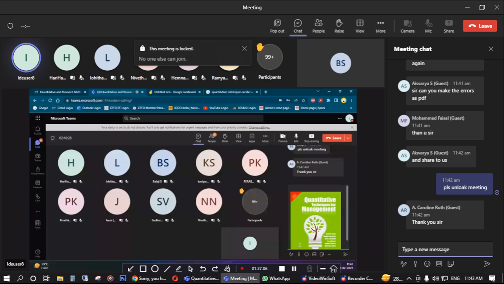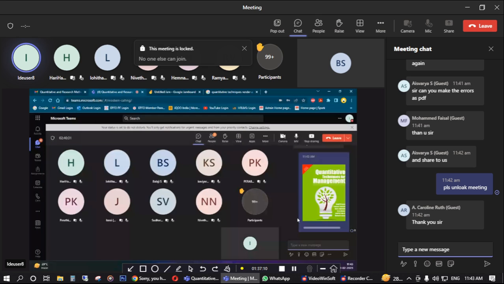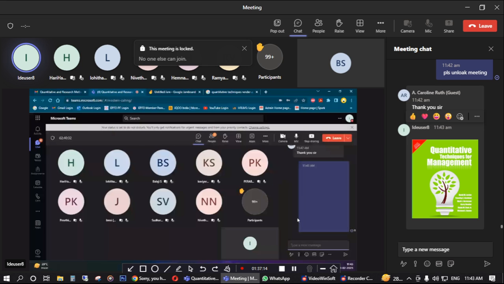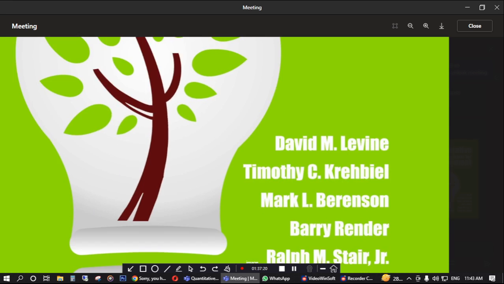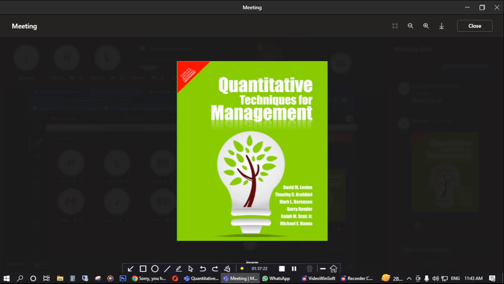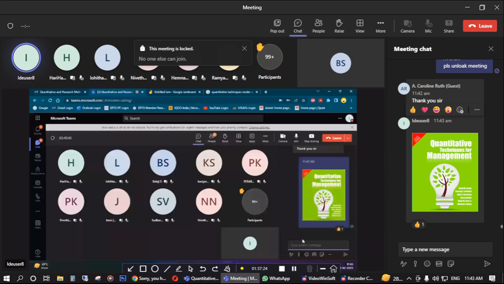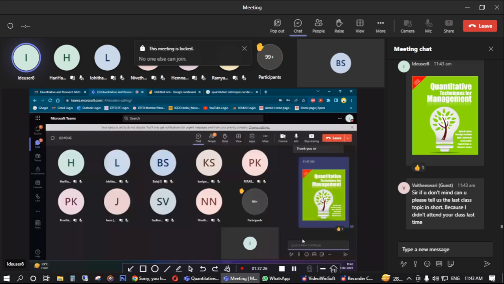I referred to this book. Please refer to this book, it's a very nice book. In fact, I have close to about 32 books, but I think this book is okay. This is good.